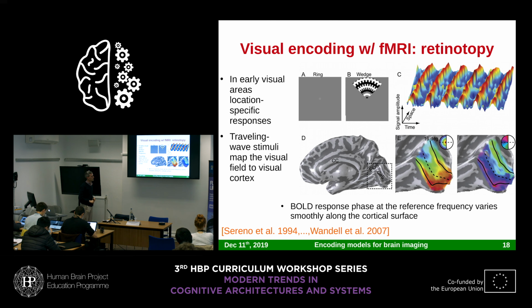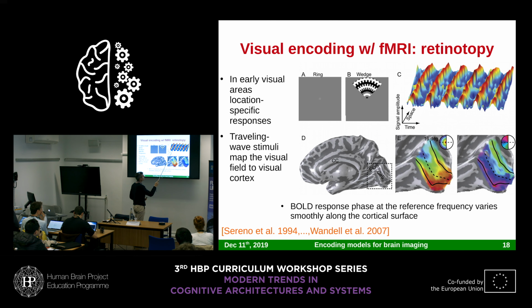So this kind of stimuli are used to map retinotopic information on the cortical surface. This means that for a population of voxels in the early visual cortex, when you present these stimuli, which are periodic, the voxel will have a strong response at the frequency of the stimuli. And so this is represented in that way.